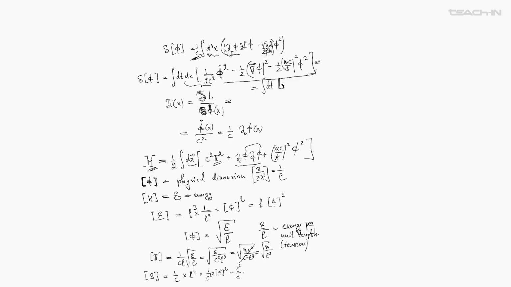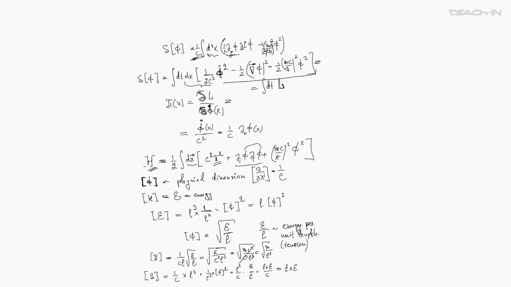And so you get length times energy divided by C. And length divided by C, so length divided by velocity gives you what? Length divided by velocity gives you time. And so what you get is time multiplied by energy. And time multiplied by energy is nothing else as angular momentum.